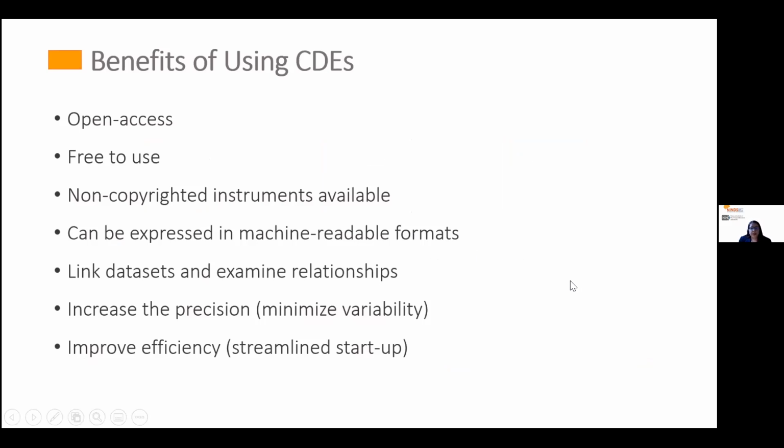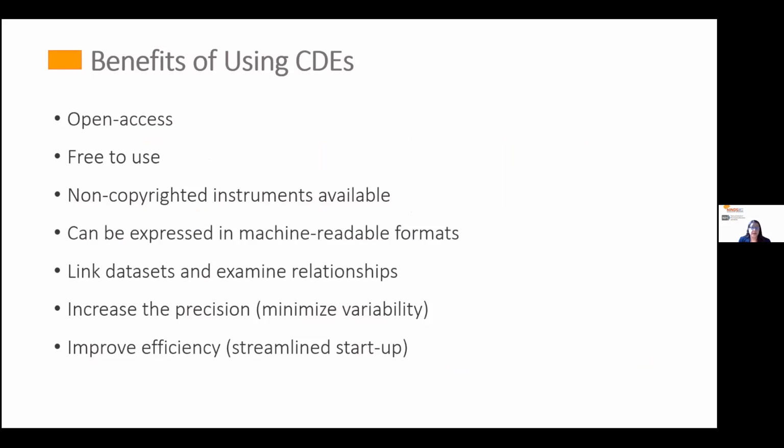The benefits of using data standards or common data elements, or using the same way of collecting data, are many. In terms of this particular NINDS project, it's an open access project. That means that anyone can go to the website and download case report forms and data dictionaries, if they're not copyrighted. That's the only caveat.